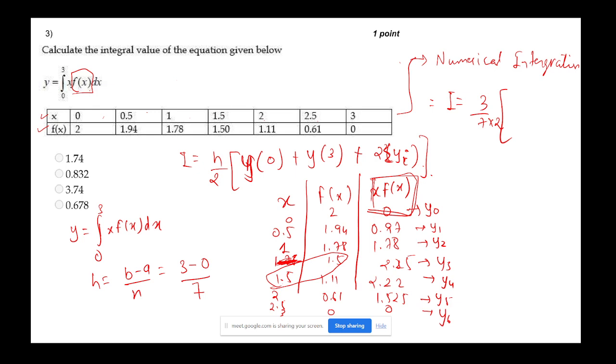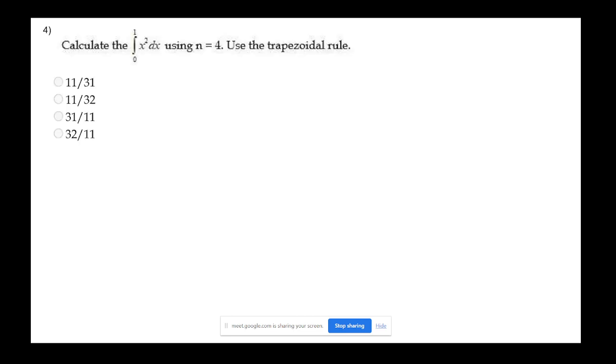So it will be y0 plus y6 plus 2 into (y1 plus up to y5). If you put in the values and solve this, it will come out to be 3.74. So for this question, 3.74 is the correct answer. Now let's move to the next question.